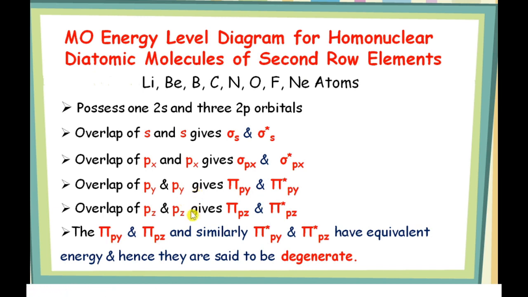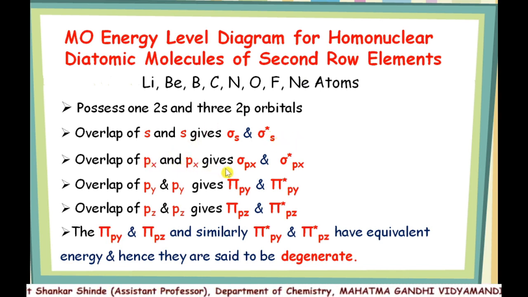lateral overlapping. The overlap between 2s orbitals gives one sigma s and one sigma star s molecular orbital. Overlap between px-px forms sigma px and sigma star px molecular orbitals. Overlap between py-py gives pi py and pi star py molecular orbitals.